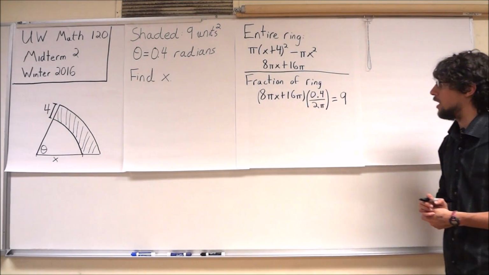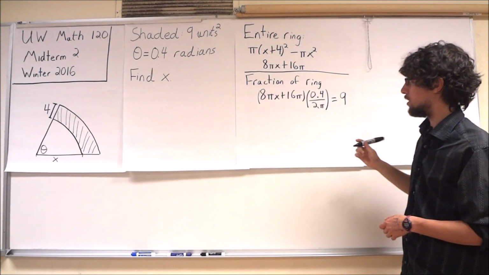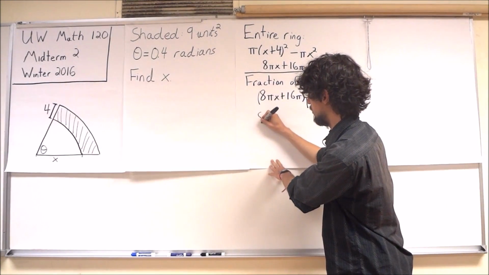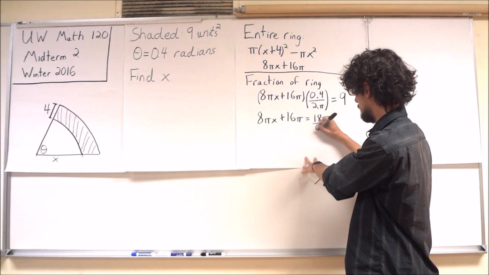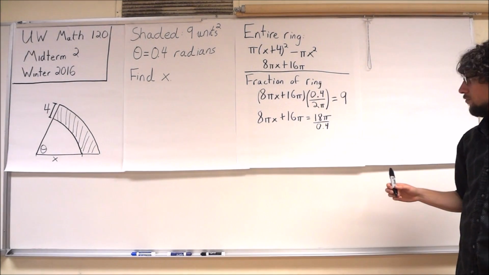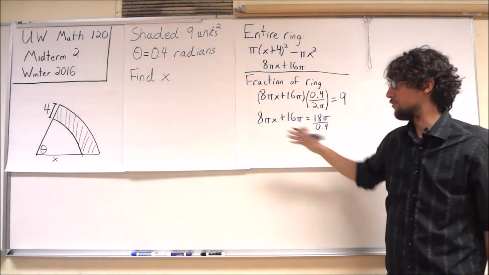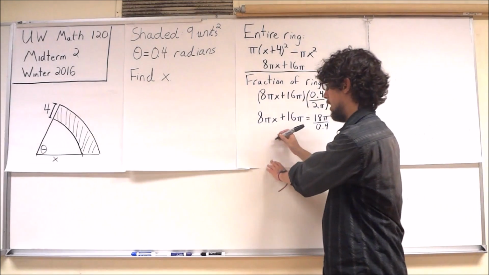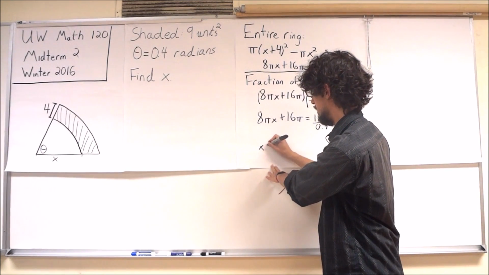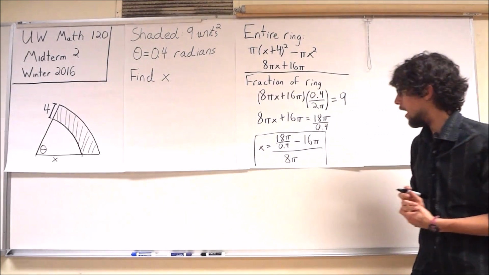I can go ahead and bring this over to here, writing this as 18 pi over 0.4. I can bring the 16 pi over to the other side and then divide through by 8 pi, and I find that x equals, and I have an answer.